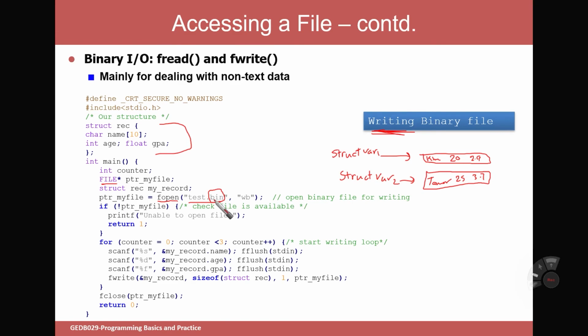Some people call it .dat, or it could be bin, or it could be anything you would like. So this is the binary file, but what makes this one a binary file is the B here. You see the B here? This means binary file. So for writing binary, you will say wb, and for reading binary, you will say rb. Read binary or write binary.